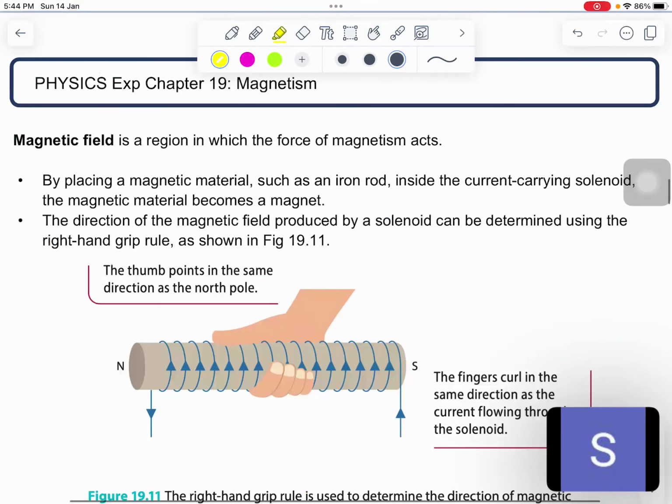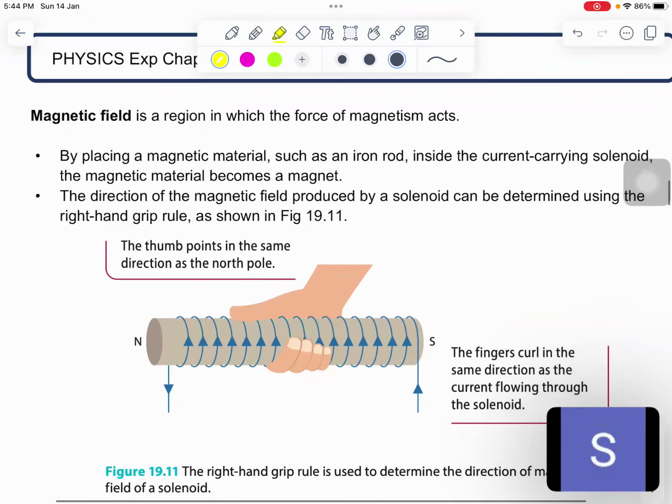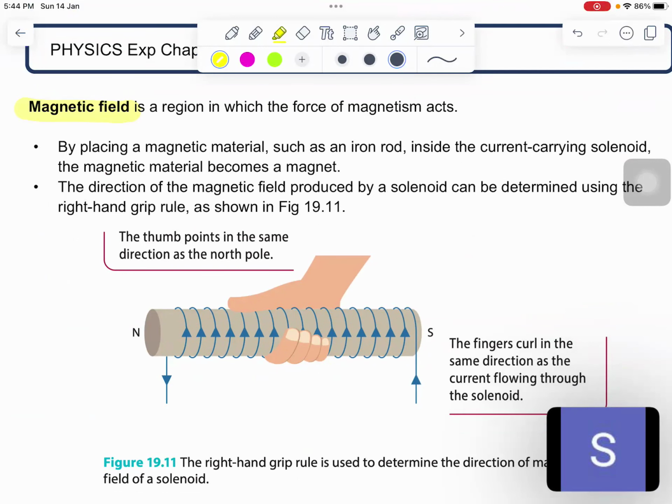Okay, so let's look at magnetic fields now. Magnetic fields and electric fields are quite similar. So for a solenoid, as we run the current through, we can use the right-hand grip rule, and we can actually see the direction of the magnetic field.